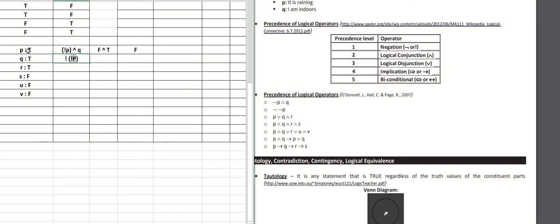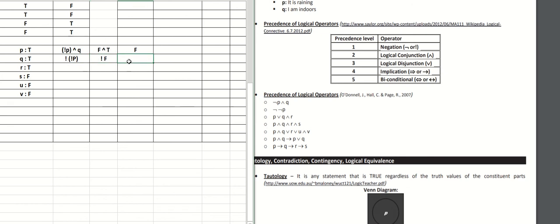The negation of the value of P, which is true, is false. Then we add the not operator on the outside. Since we are already done with the inner operator, whose truth value we have first obtained, now we get the value for the outside operator, which is the not.